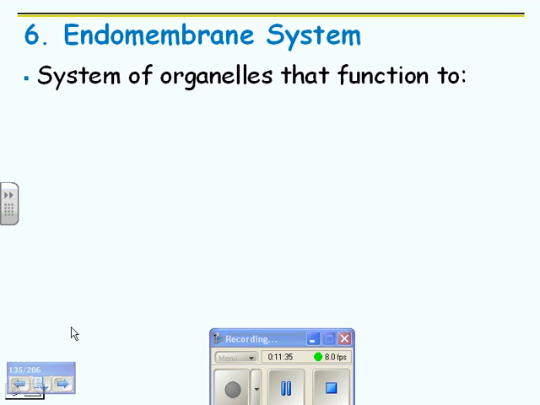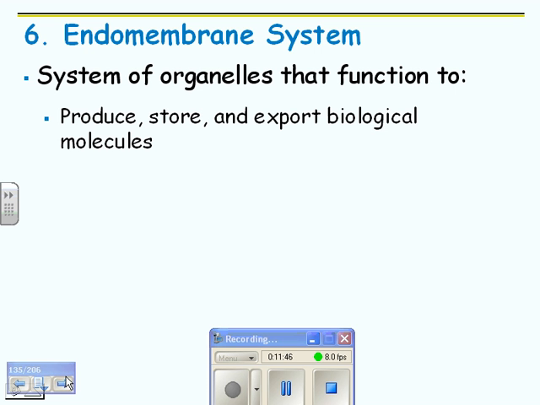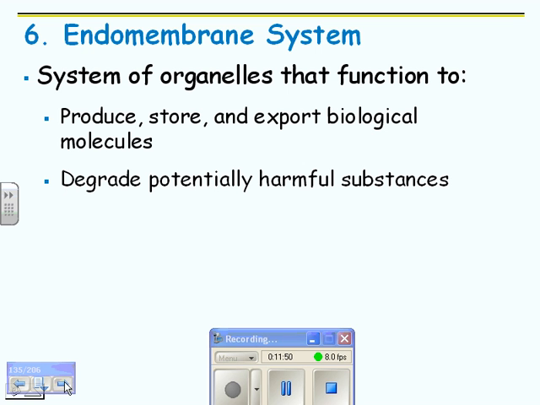Endomembrane system. This isn't one organelle. It's just the idea that all these organelles work together, at least the Golgi and the ER and the lysosomes and stuff. So a system of organelles that function to produce, store, export biological molecules. So they degrade junk, harmful substances.